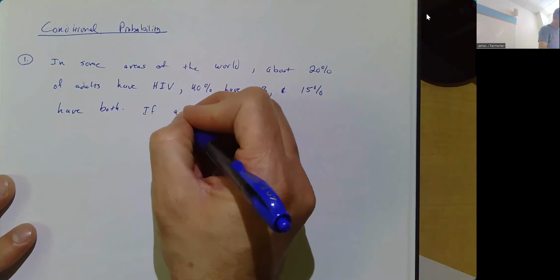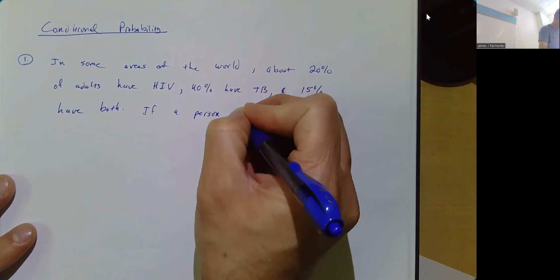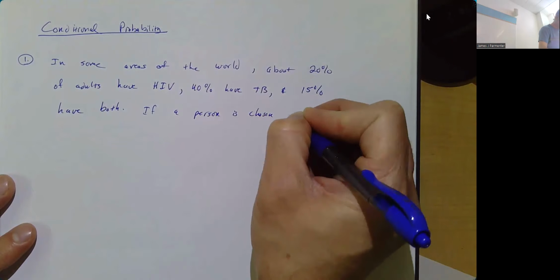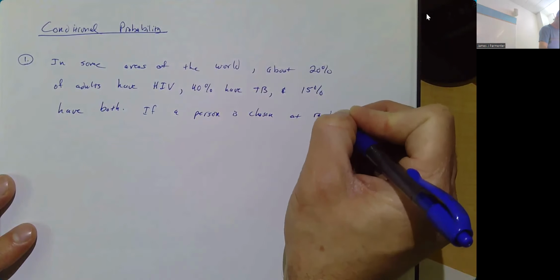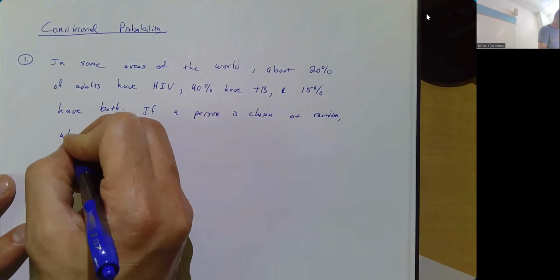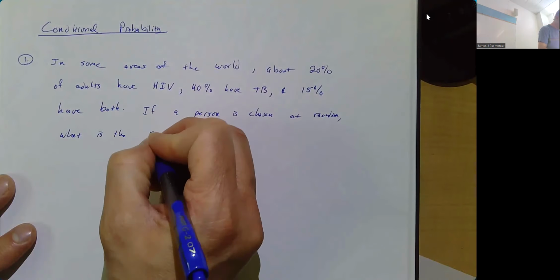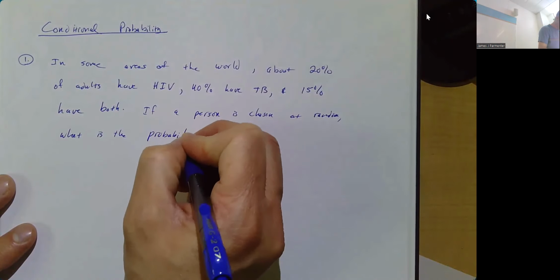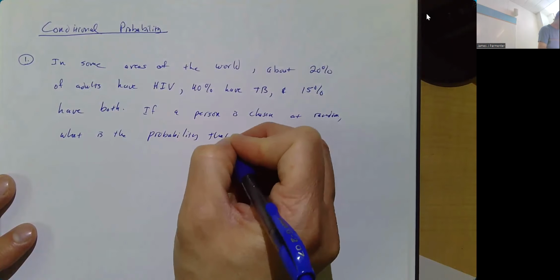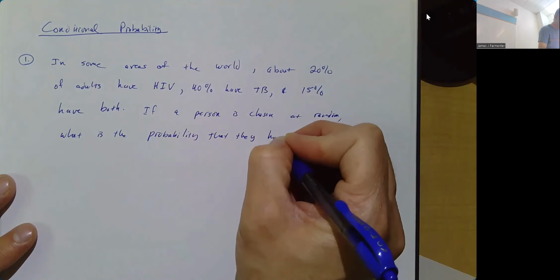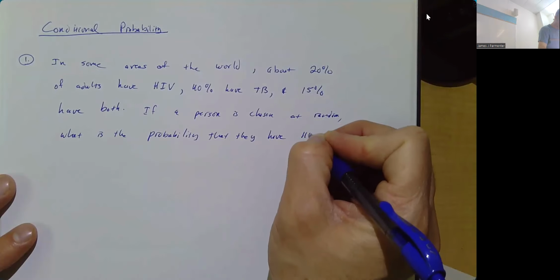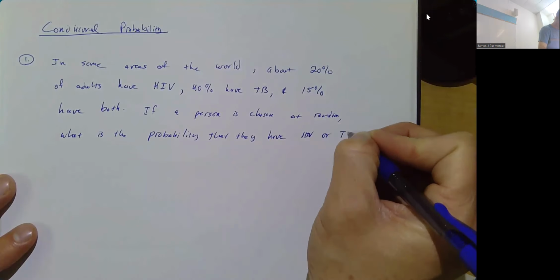If a person is chosen at random, what is the probability that they have HIV or TB?